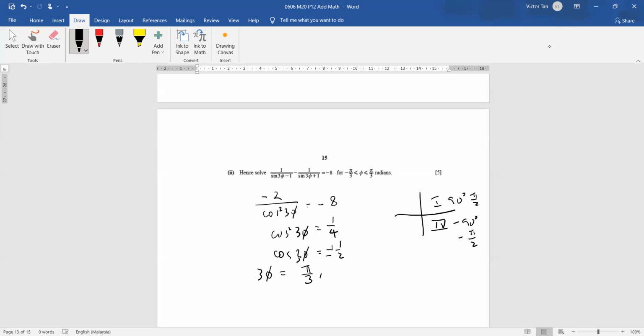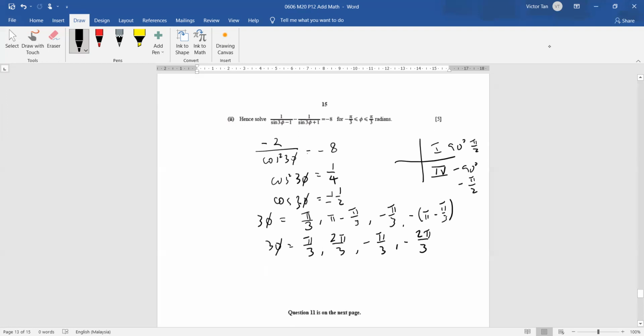So the other angles are pi minus pi over 3, and minus pi over 3, and minus pi plus pi over 3. 3 phi equals pi over 3, this is 2 pi over 3, this is minus pi over 3, this is minus 2 pi over 3.